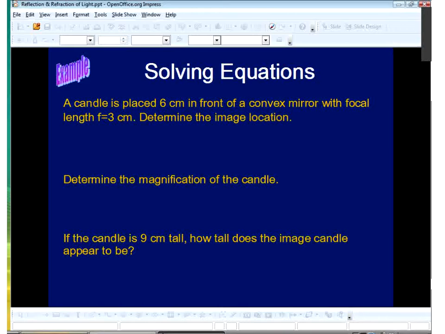So what's the answer to that question? A candle is placed 6 cm in front of a convex mirror with focal length f equal to 3 cm.